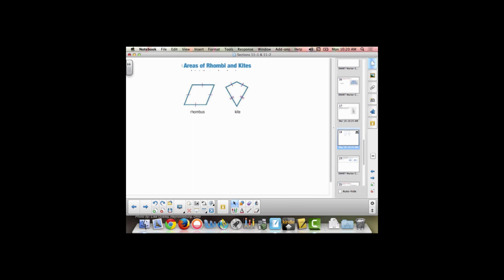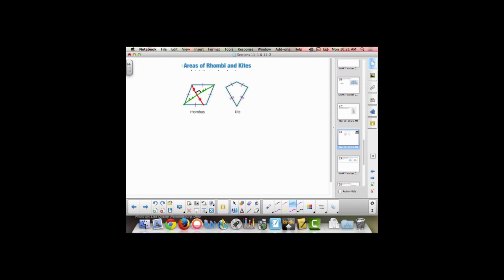Remember, a property about a rhombus is that the diagonals are perpendicular to each other. So if I draw in the diagonals of a rhombus, I get 4 right triangles, and because a rhombus is a parallelogram, remember that those diagonals bisect each other, so I get 4 congruent right triangles.